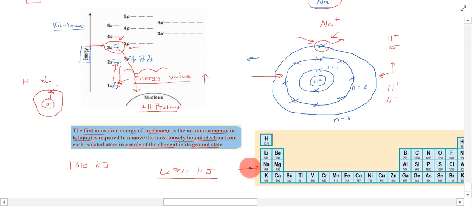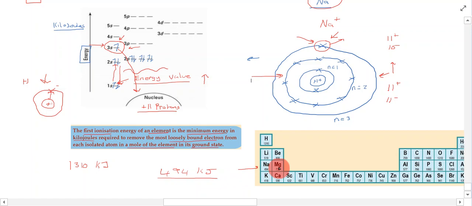Also, as you move across, there's a particular pattern as well. The ionization energy in some cases increases. And again, that makes sense, because as you move across, the screening effect is going to be the same. For example, if we look at magnesium, the ionization energy jumps up to 736.